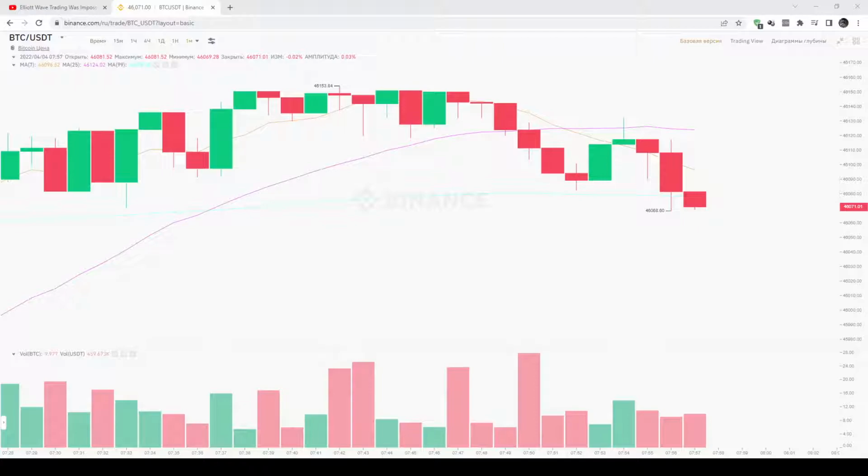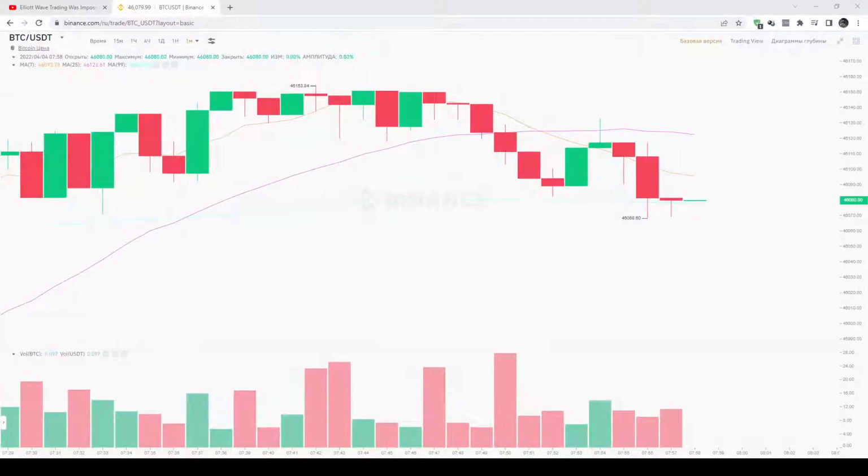Wave 5 is the final leg within the Elliott wave impulsive sequence. It moves in the direction of the overall trend, similar to wave 1 and wave 3. During the progression of wave 5, almost everyone is bullish.